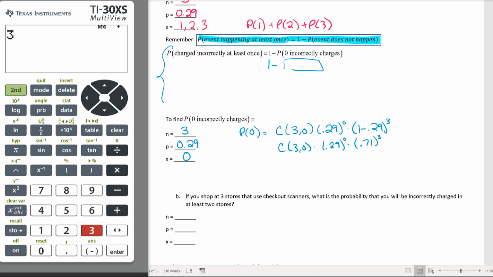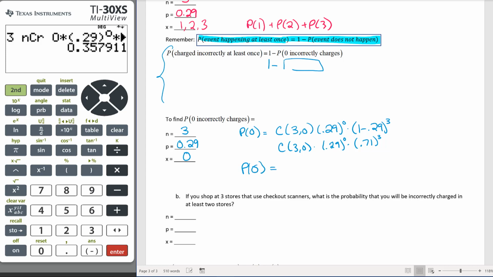I use 3 choose 0, times 0.29 to the 0, because 0 of them are going to have successes, and then times 0.71 to the 3, because those are the failures, 3 failures with 0 successes. And this is going to get me the probability of having exactly 0, which is 0.3579. We'll just go to 4 places, that's fine.